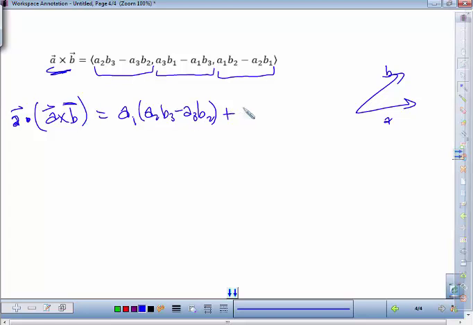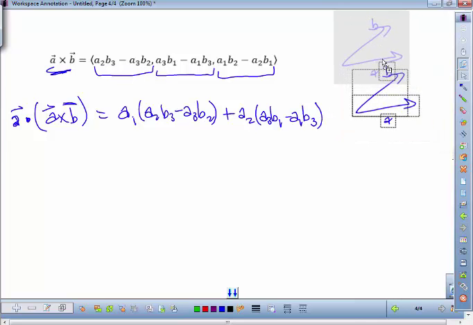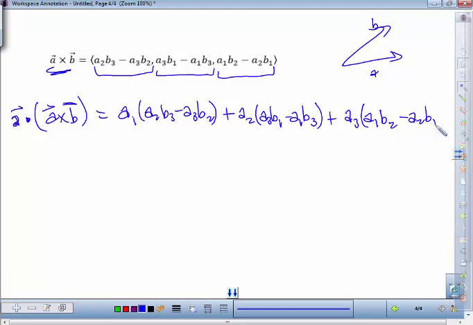The next component in A is A2. The next component in A cross B is A3B1 minus A1B3. And then the last component of A is A3, which I multiply with the last component of A cross B, A1B2 minus A2B1.